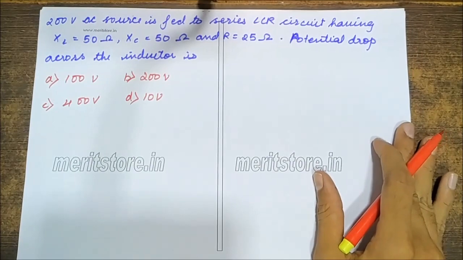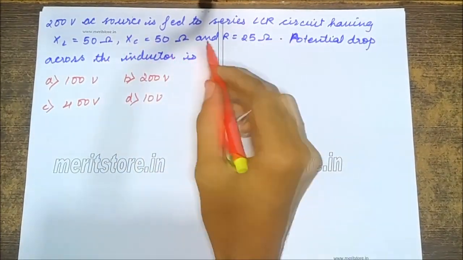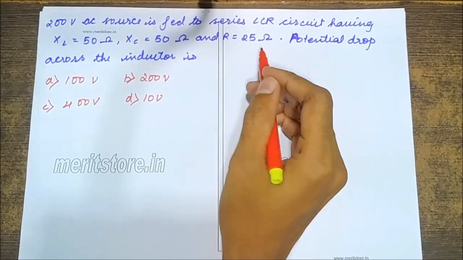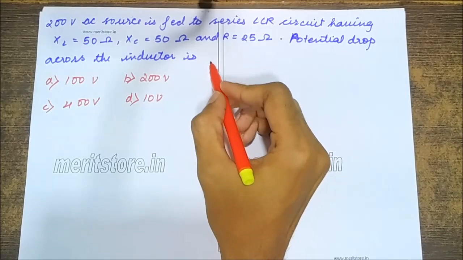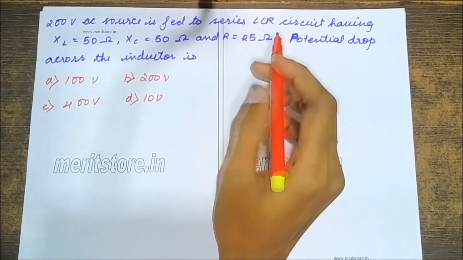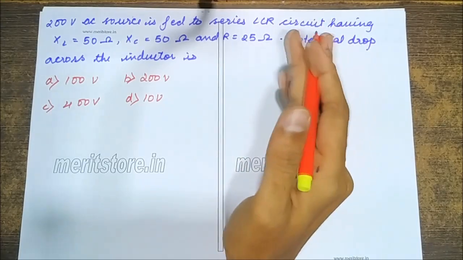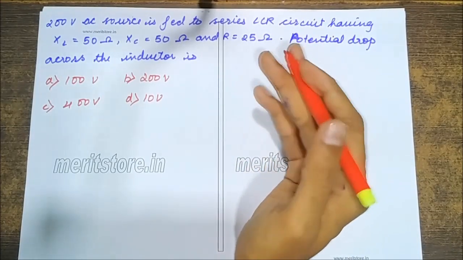A 200 volts AC source is fed to a series LCR circuit having XL equals 50 ohms, XC 50 ohms, R equals 25 ohms, and the potential drop across the inductor is? Here we need to find the potential drop across the inductor. That will be V, nothing but the current I RMS through it multiplied by the inductive reactance.